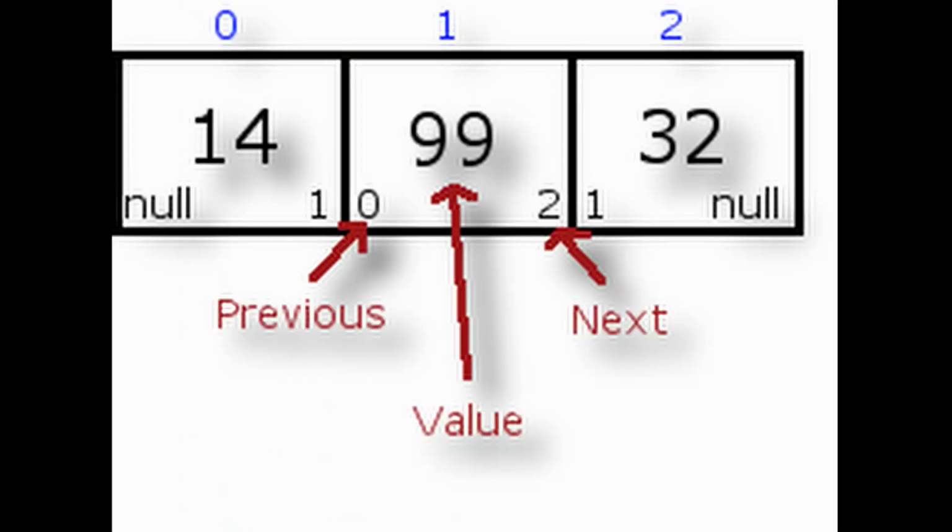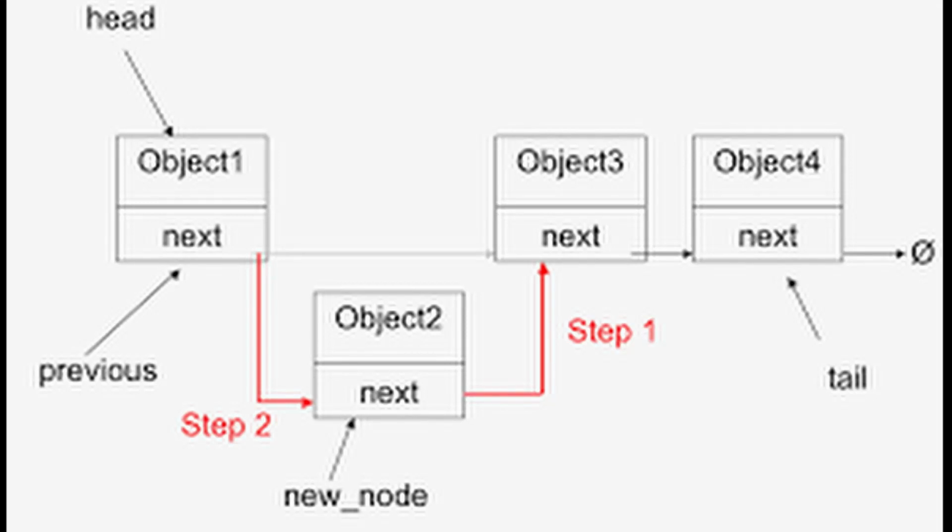Then we can say node temp equals new node, passing in the data. Then we say temp.next equals this.next. And finally I'm gonna say this.next equals temp.